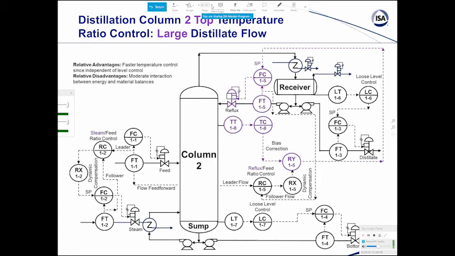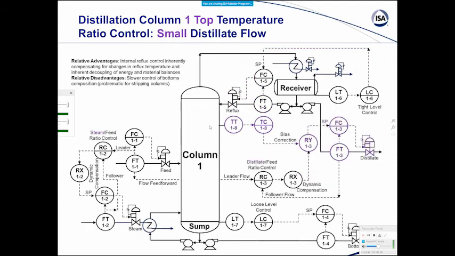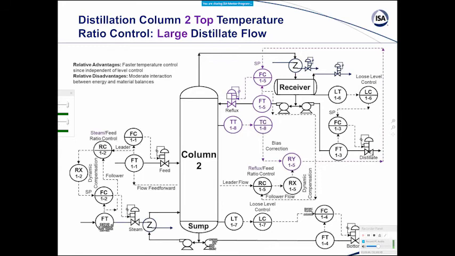So if you're doing top column temperature control, I kind of favor the first control scheme. Notice here in the second control scheme, we want loose level control because the level control is not really doing anything in terms of composition control. It's just controlling inventory, and it's going to upset the equipment downstream if it's making very fast, abrupt changes.